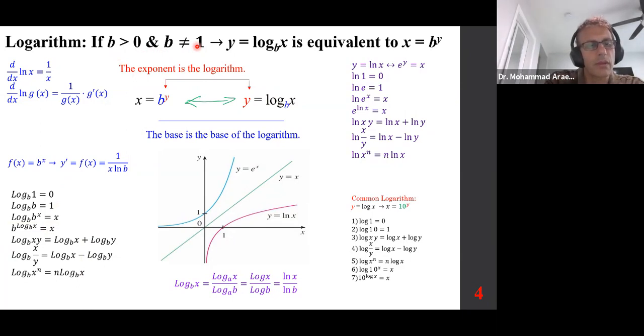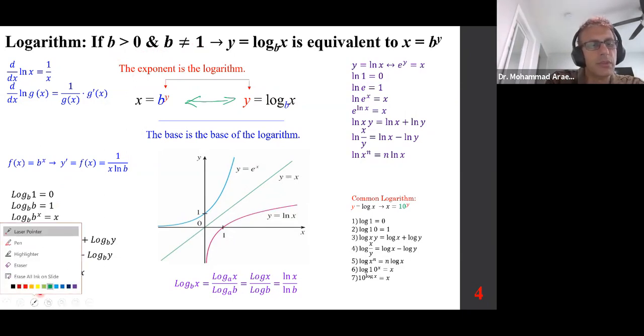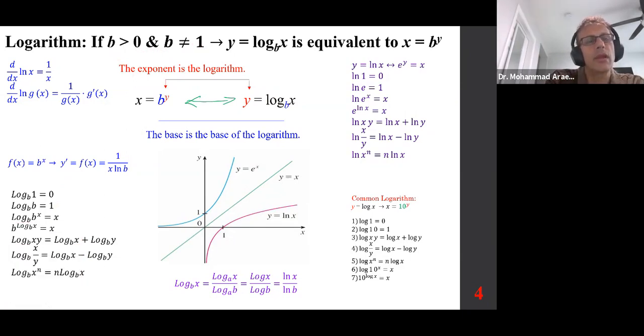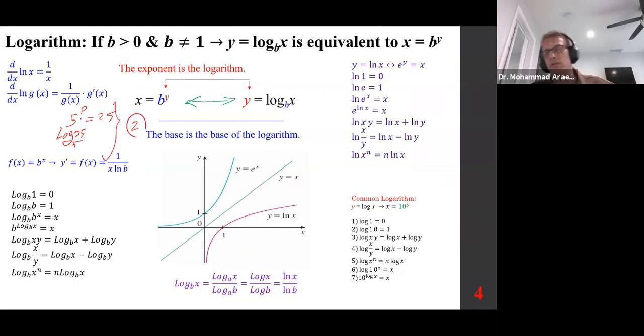So just as an example, if somebody asks us 5 to what power is 25, it is the same as what is log 25 with base 5? And both have the answer 2. Okay, everybody? That is extremely important.